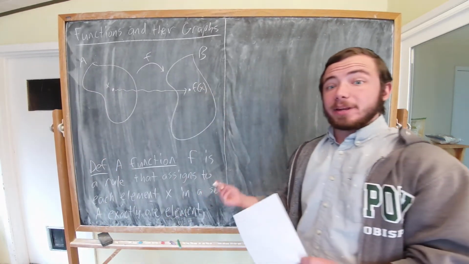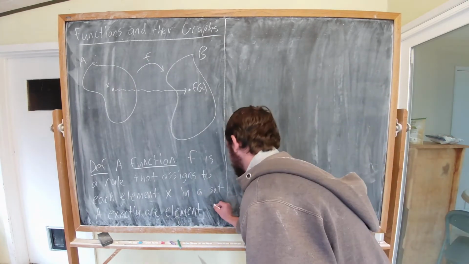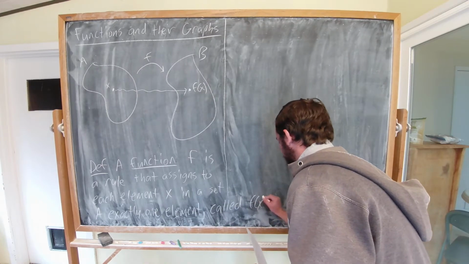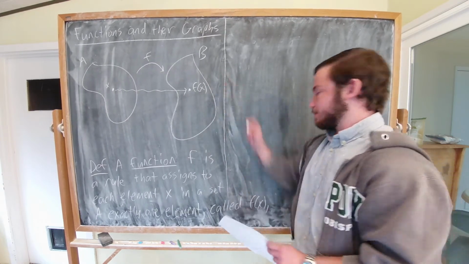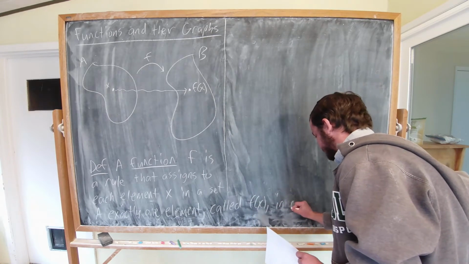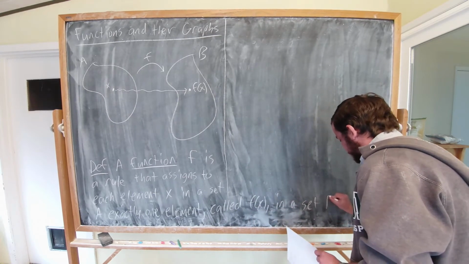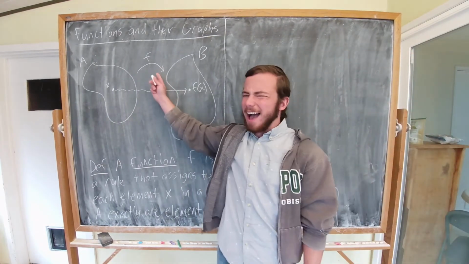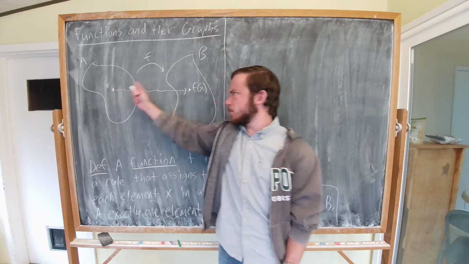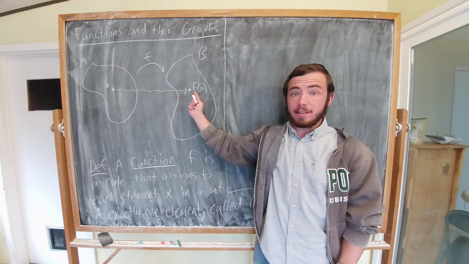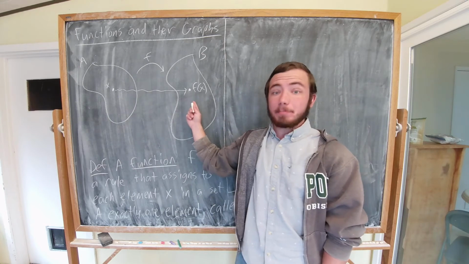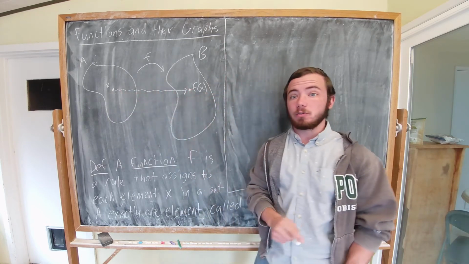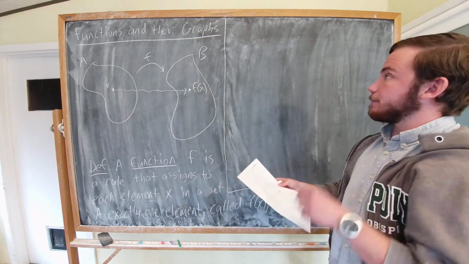So, exactly one element called f of x in a set B. So, all this definition is saying is, yep, f is a map that goes from A to B, and x goes to exactly one thing. So everything gets mapped over, but doesn't get mapped to like here and here, just to the one place. So that's what a function is.